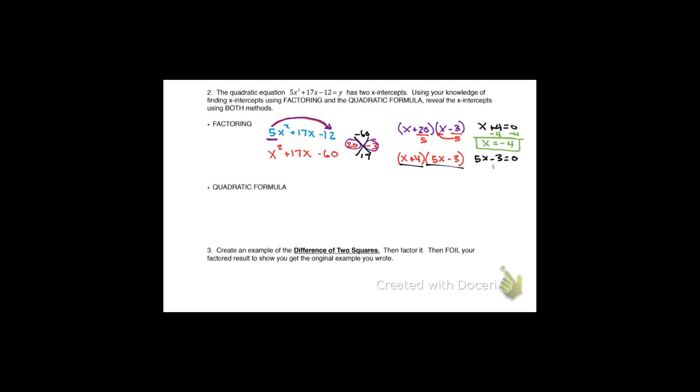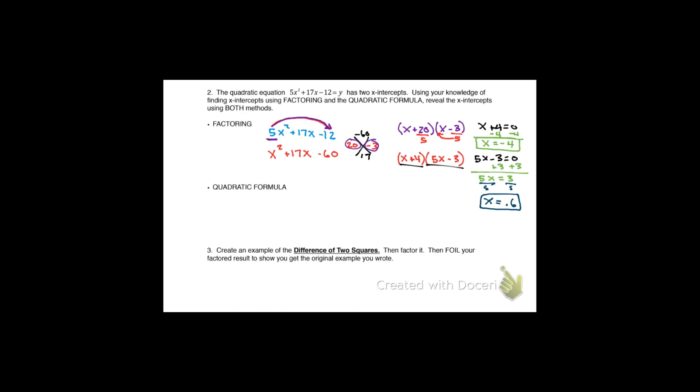For the other factor, we're going to add 3, we get 5x equals 3. Then divide by 5, and you get x equals 3/5, or 3 divided by 5 is 0.6. So when we factor, we got x equals -4 and x equals 0.6, and those are both our x-intercepts.